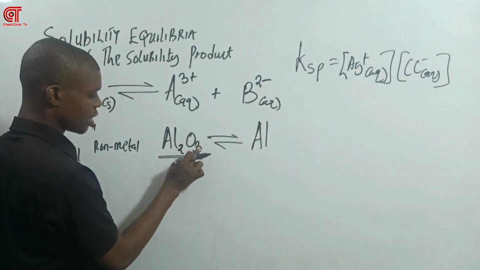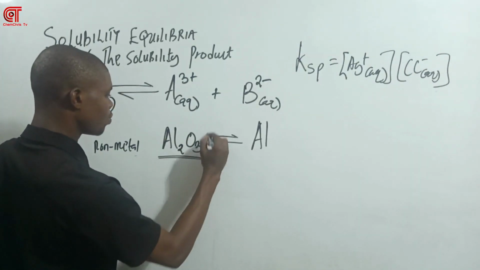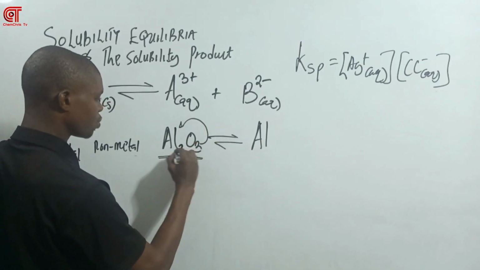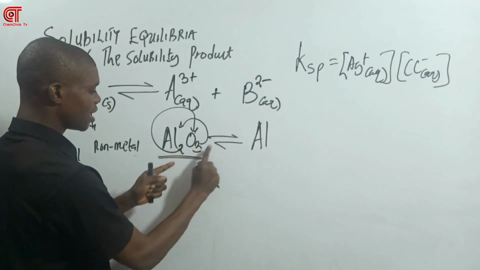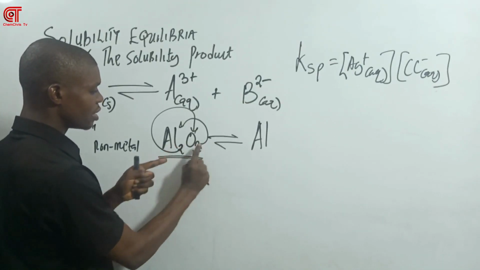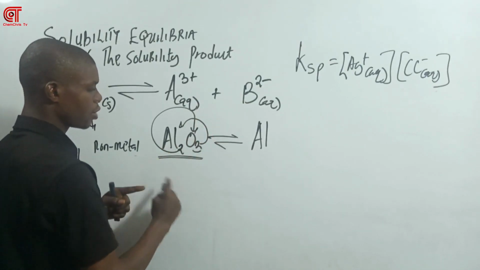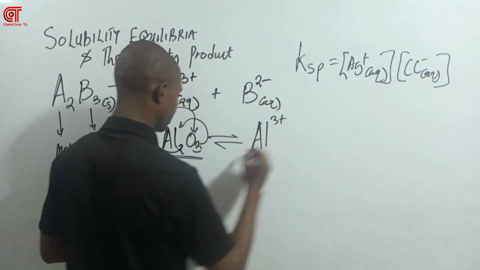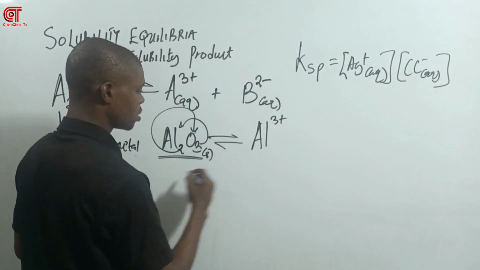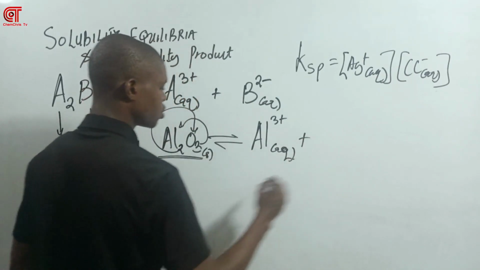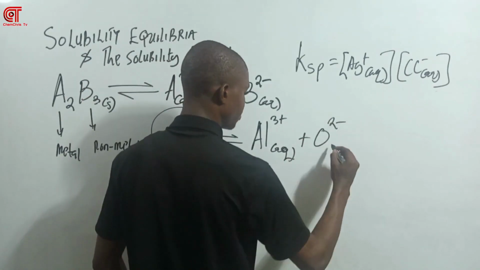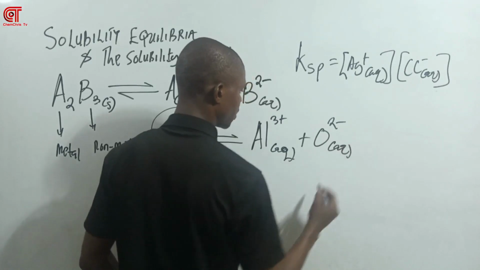So I move this one here, and this one here. It's just like their numbers of atoms have changed. So here it's going to be Al3+ aqueous, from the solid here, and also O2- aqueous here.